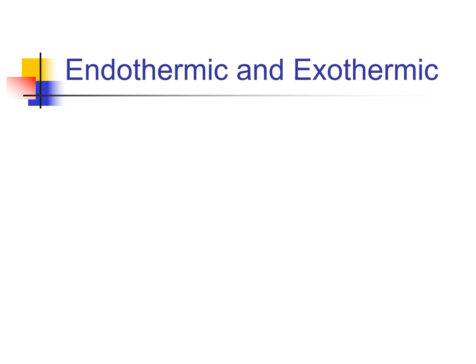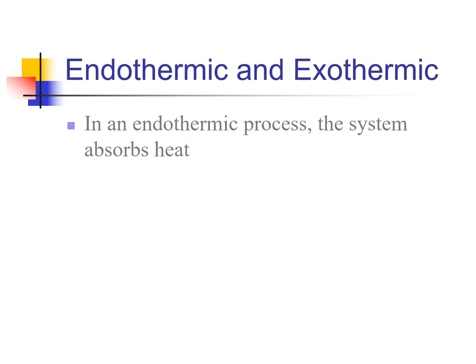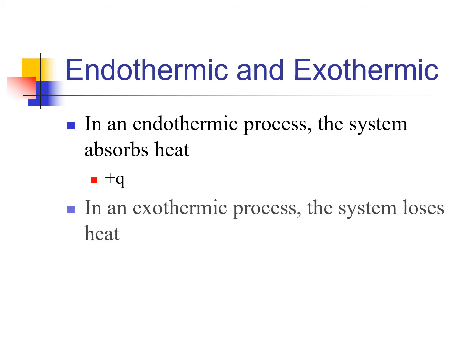This leads us directly into endothermic versus exothermic. In an endothermic process, the system absorbs heat, positive Q. In an exothermic process, the system loses heat, negative Q. As a note, your experience is not going to be the experience of the system. You are the surroundings. So you can imagine during any reaction, if you put your hand on it or near it and your hand feels hot, you're the surroundings.